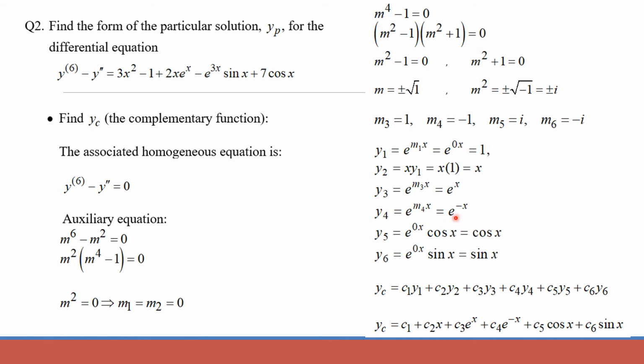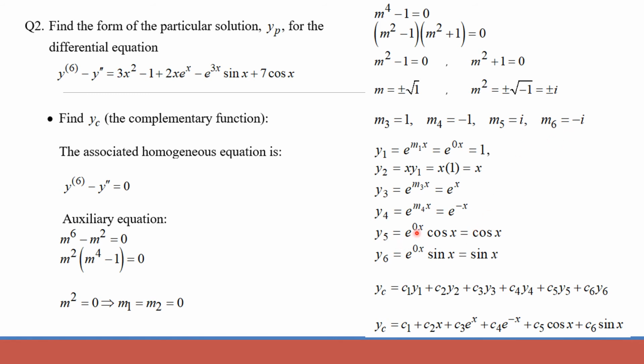m5 and m6 are complex conjugate roots, so we use the formula e to the alpha x cos beta x. Alpha is 0 for these two cases, so e to the 0x for y5 and y6, and beta is equal to 1, 1i, negative 1i, so beta is 1 here and 1 here.